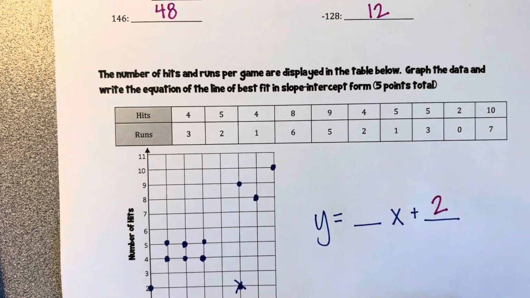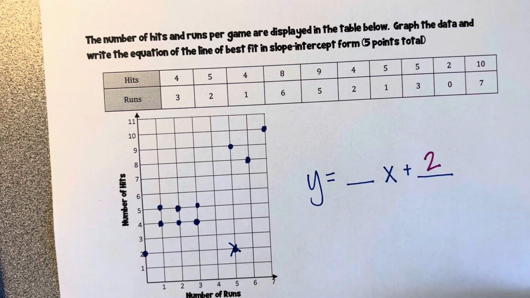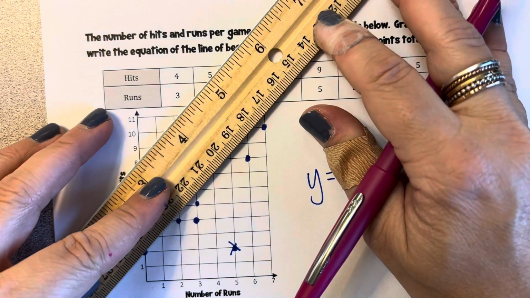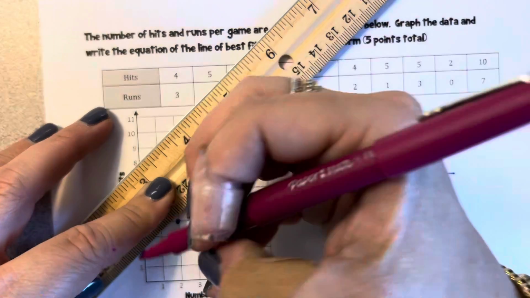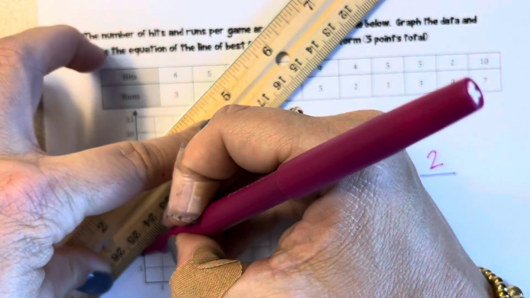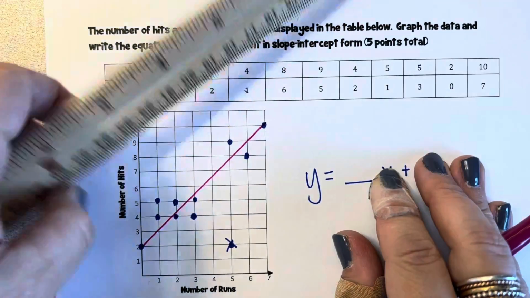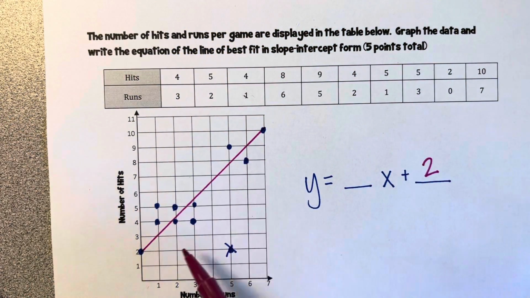Yes, it is. Okay. And then for the slope, if I'm going to connect my line, get my ruler, I'm going to draw my line through these points. Okay, I'm going to connect this guy to this guy up here. Like that. Okay, so I have some points on top, some points underneath. Looks like a pretty good line of fit.